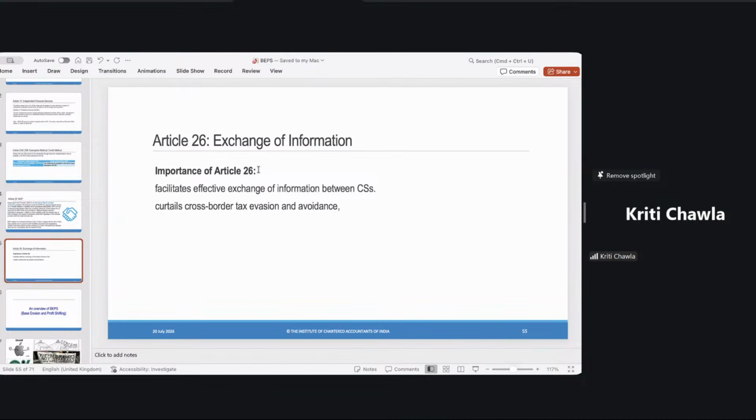How will tax transparency help? Well, tax transparency will help in curtailing cross-border tax evasion and avoidance. So there's not going to be tax evasion and avoidance if the countries know what kind of income is parked in their nation, etc. So that is basically Article 26 of a tax treaty.